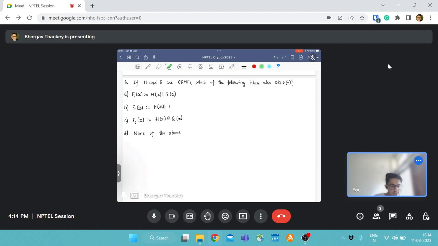Option B is f2 of x defined as h of x concatenated with 1. Option C is f3 of x defined as h of x XORed with g of x. And option D is none of the above. So which of these are also collision resistant?